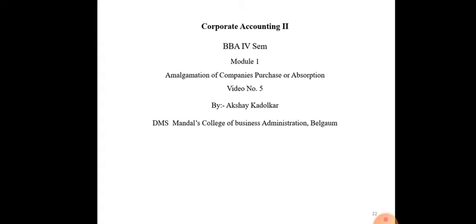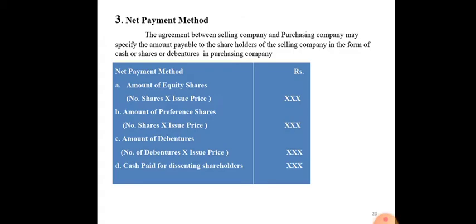In this class we will see the net payment method. The agreement between the selling company and the purchasing company may specify the amount payable to the shareholders of the selling company in the form of cash, shares or debentures in the purchasing company.